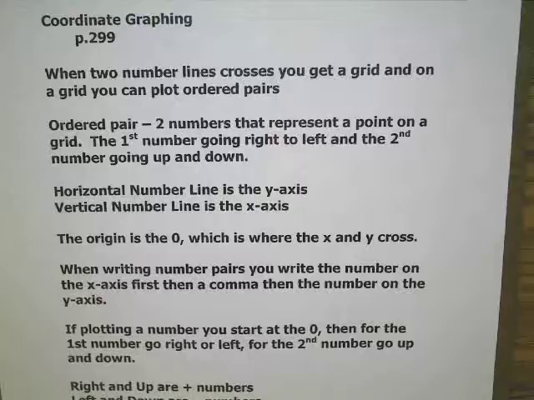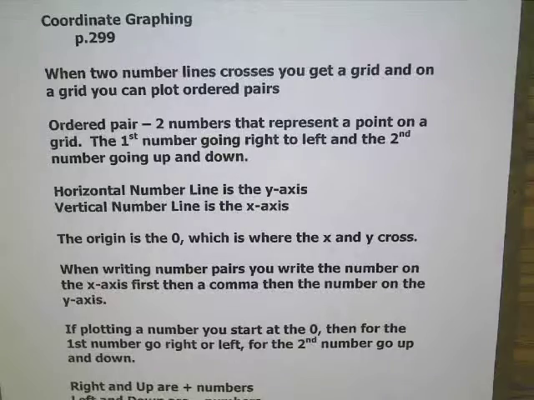Down. And what way on the x-axis? Left. Okay? So you have to remember that if you're a positive number, you're either going right or up, depending on what order you're in. Or if you're a negative number, you're either going to go left or down.